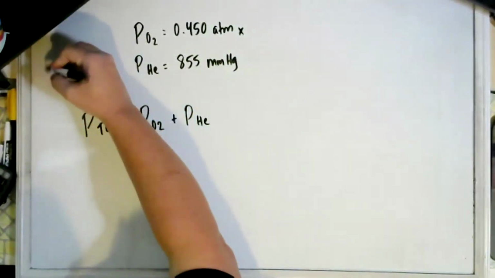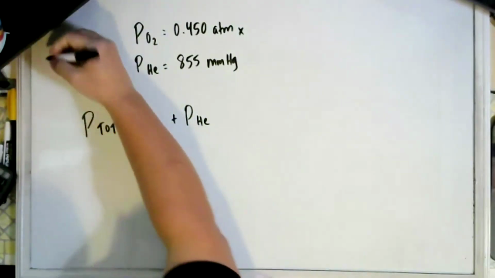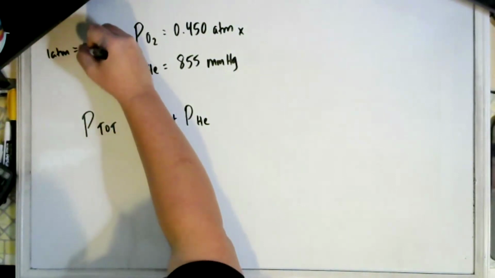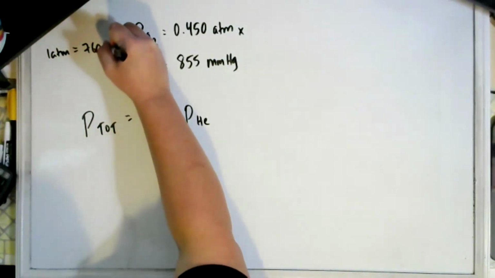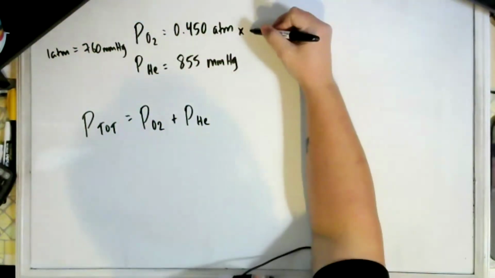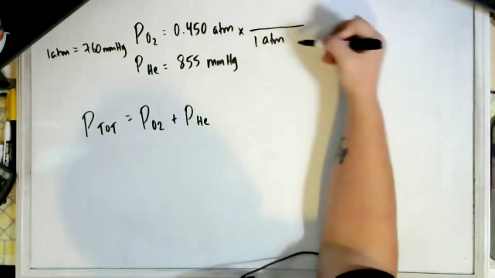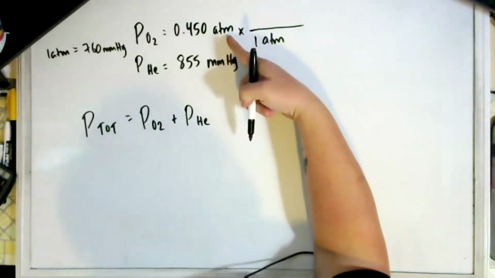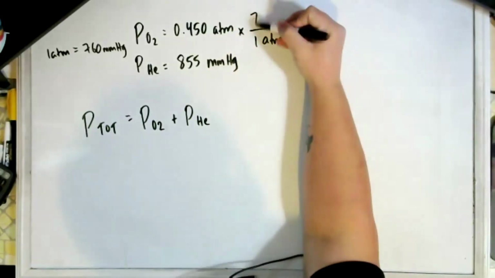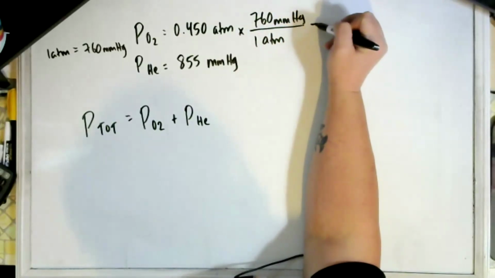So let's write a little aside here so we can put our unit equality. Every 1 atmosphere is equal to 760 millimeters of mercury. When we set up our conversion, we're trying to get rid of our atmosphere unit, so atmosphere goes in our denominator and 760 millimeters of mercury goes up top.